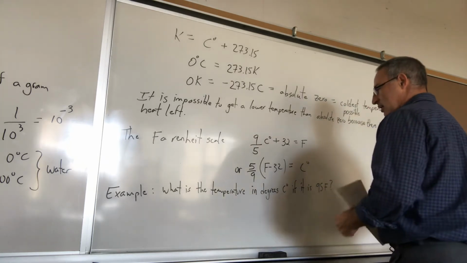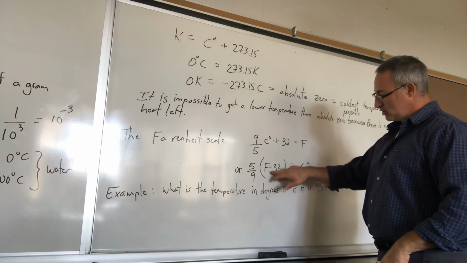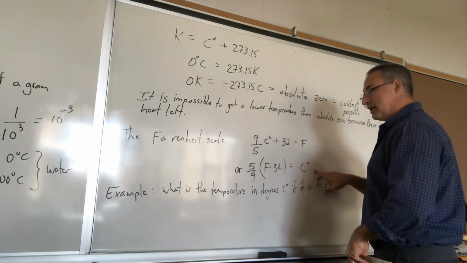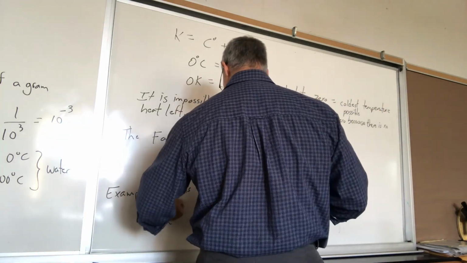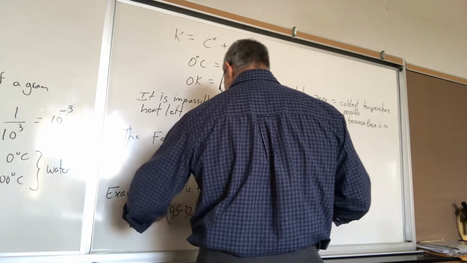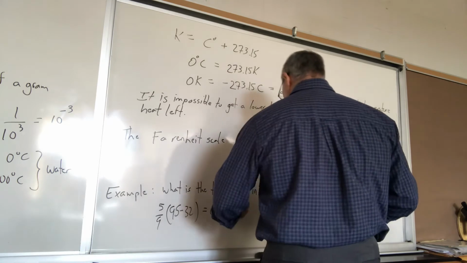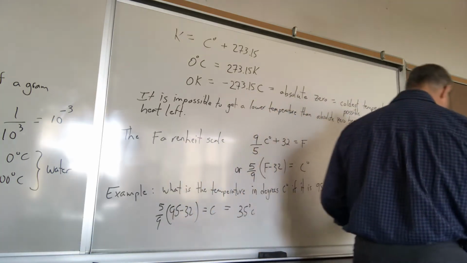You want to go from Fahrenheit to Celsius, so you're going to use this formula. You plug in the Fahrenheit temperature, subtract 32, and multiply by 5/9, and you get the Celsius temperature. What you have here, therefore, is 95 minus 32 times 5/9. What you get is 35 degrees Celsius.